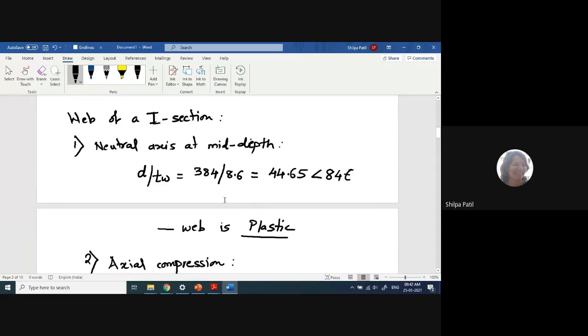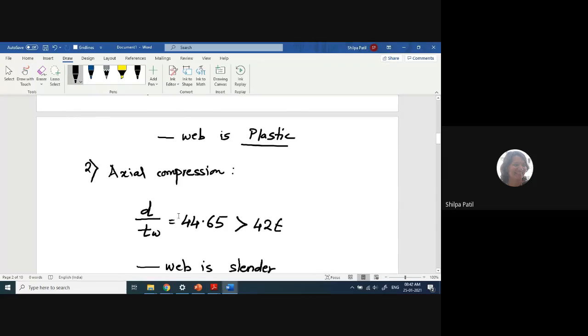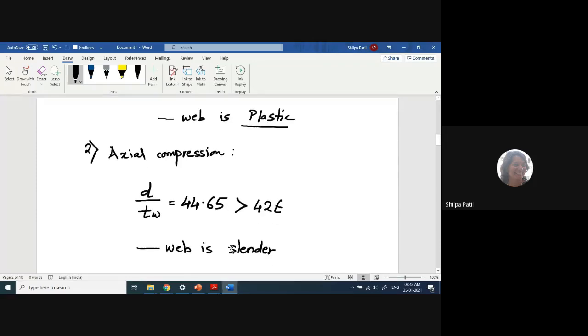But when we consider the web under axial compression, the web is slender. So when the I section is being used as a column, the flange is plastic and the web is slender, so the overall class of the section will be slender. We have to consider the least favorable condition.